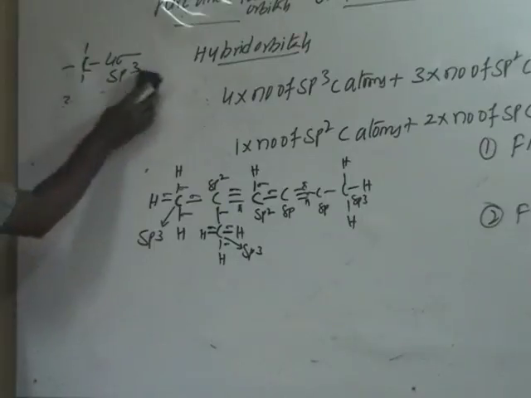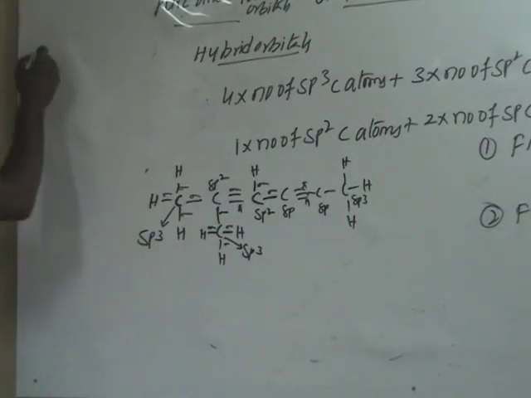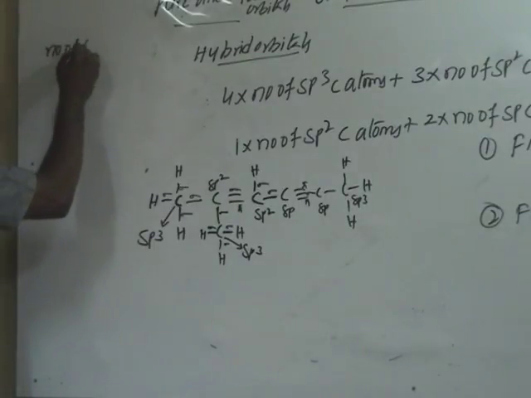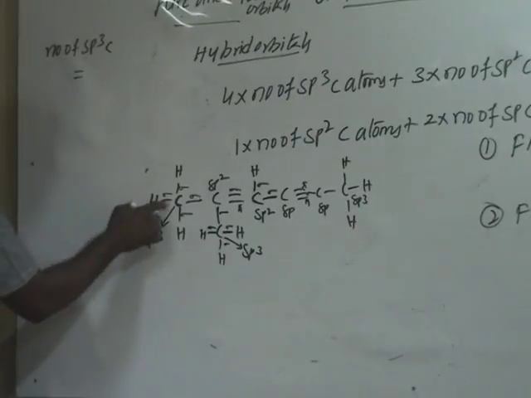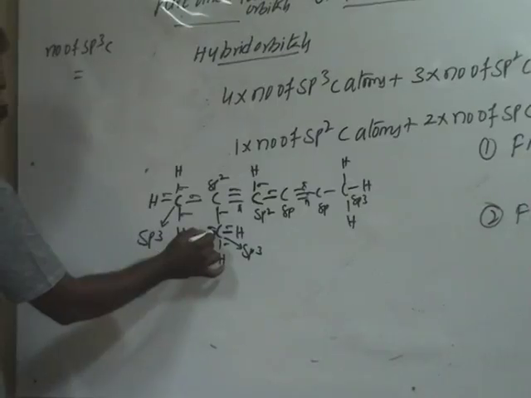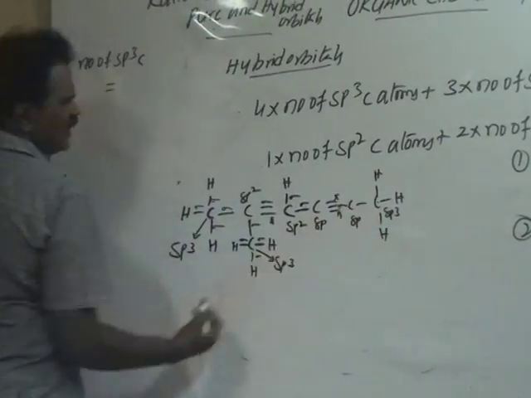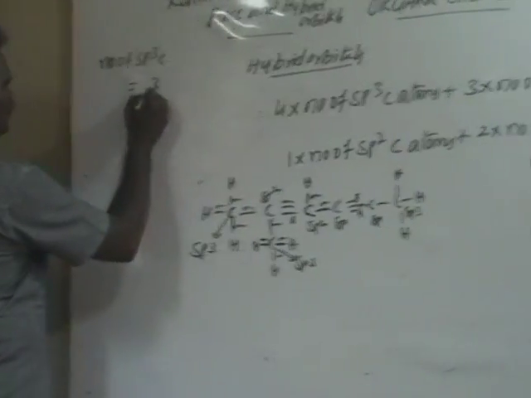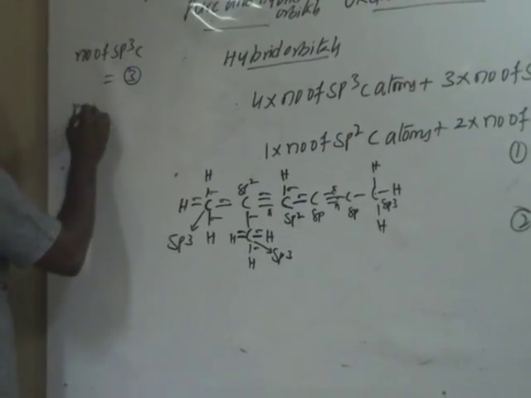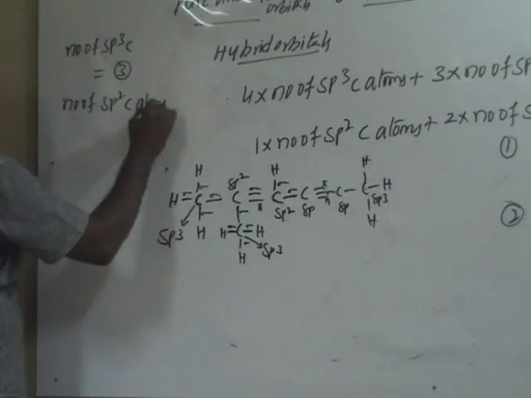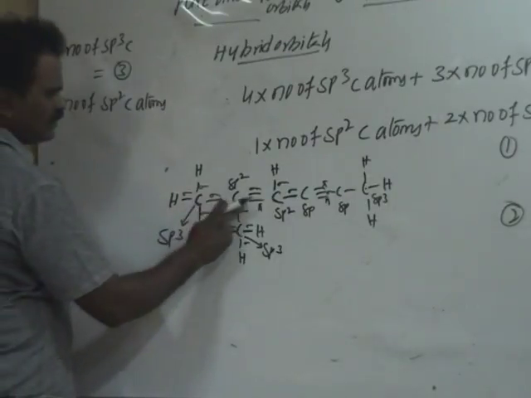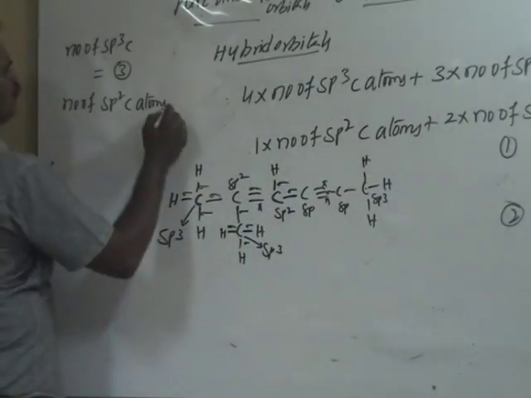Then find out the number of sp3 carbon atoms. There are 3 sp3 carbon atoms. Number of sp2 carbon atoms: there are 2.